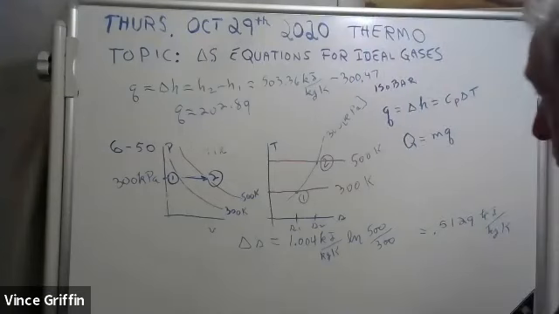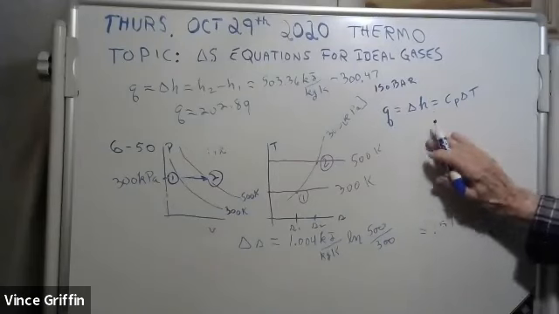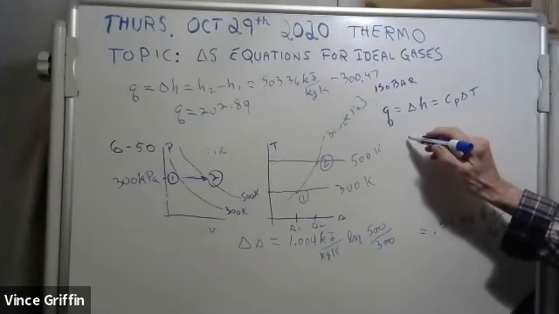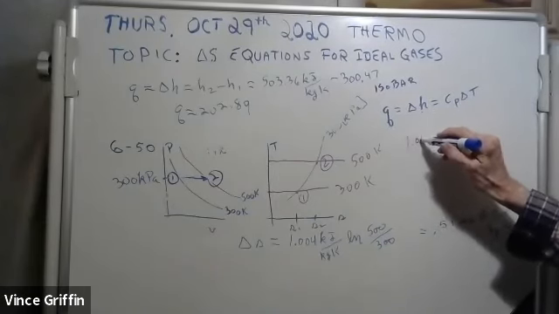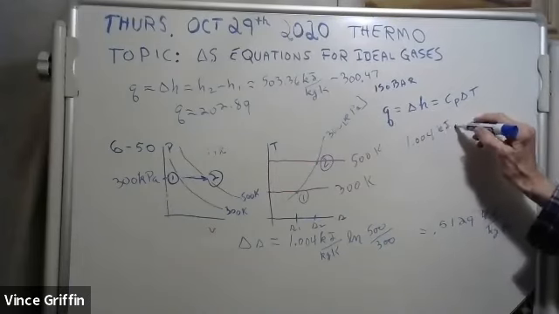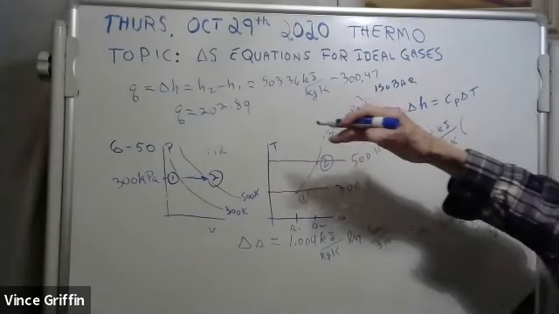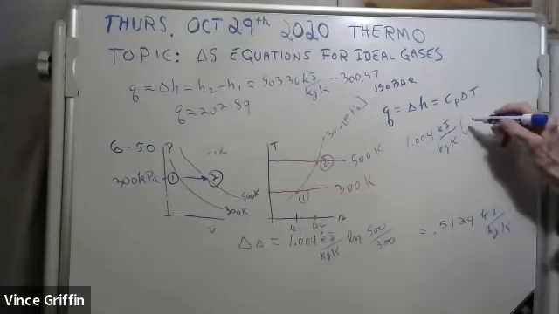Now, if you do it this way, here's what you'll get. You will get 1004 kilojoules per kilogram Kelvin times 500 minus 300.